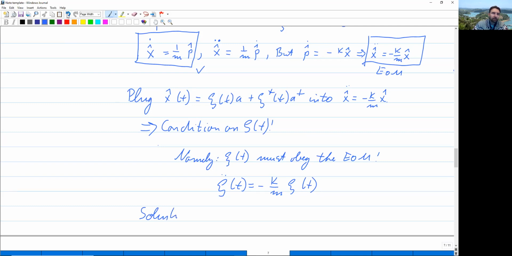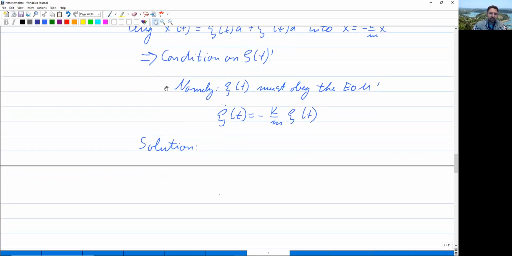And the solution, see, all of this is of course very easy in principle. It's just that I assume that you might not be familiar with it on the quantum level, so I'm doing it at least for once explicitly.